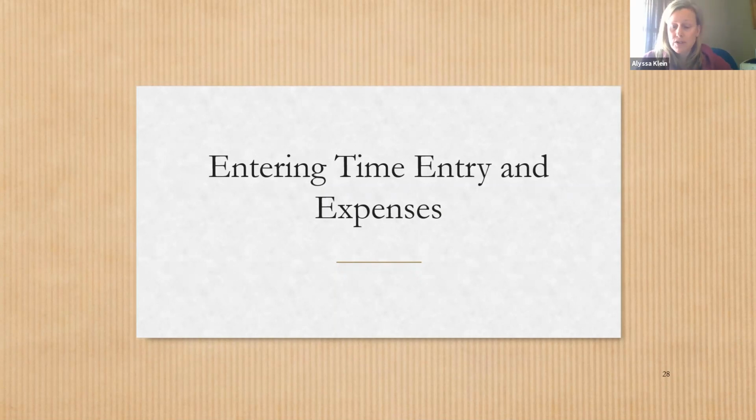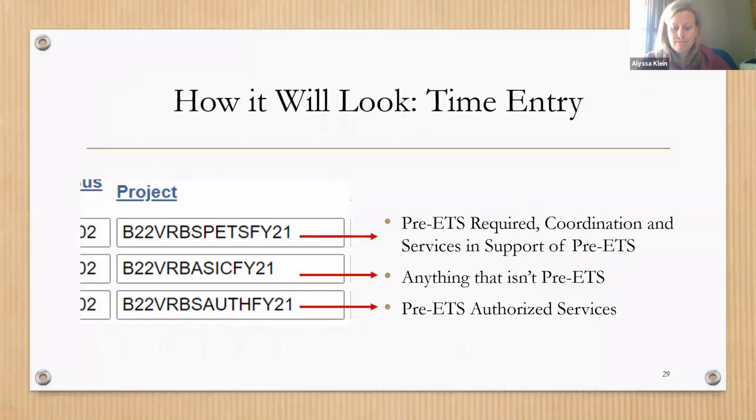Entering your time entry and expenses. When you are in the time entry form on the self-service system, here's what all the codes will look like and what each one means. The top code has the term PETS in it, and it's the code for Pre-ETS required, Pre-ETS coordination, and services in support of Pre-ETS.